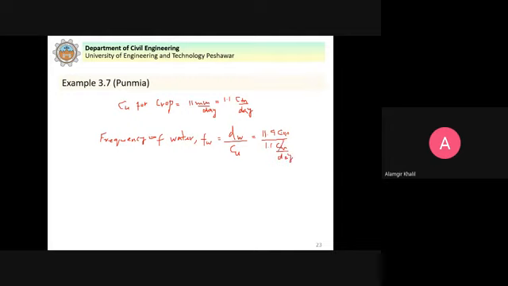So you see the centimeter cancel out, day will go up, we get the number in days. So this is equal to 10.8 days.